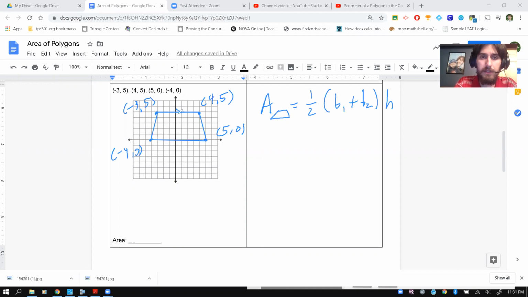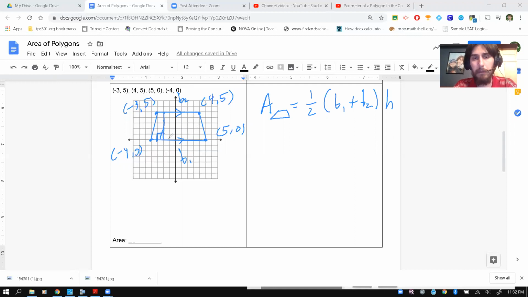So these are my two parallel sides. So I could say this bottom parallel side is my base sub 1, and this top is my base sub 2. It doesn't really matter which one you call b sub 1 or b sub 2. You just have to make sure that you're labeling the parallel sides as your bases. And then the height of a trapezoid is the distance between those two bases at a 90-degree angle.